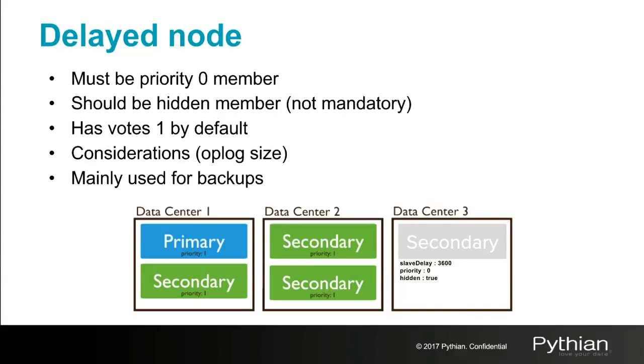One consideration for a delayed node is that we should monitor the oplog size and how long our replication window is, so that we don't overrun the oplog and leave the delayed node out of oplog entries.